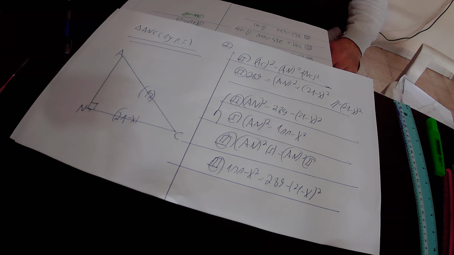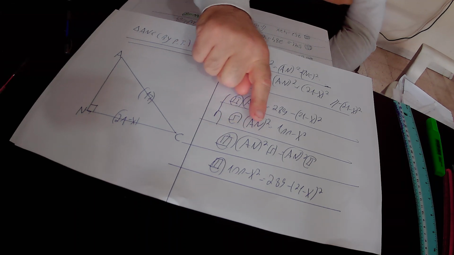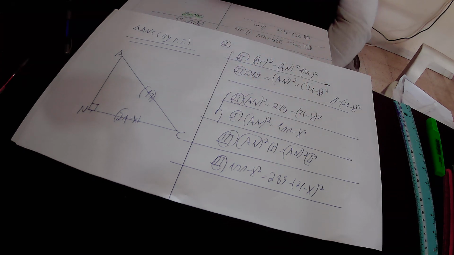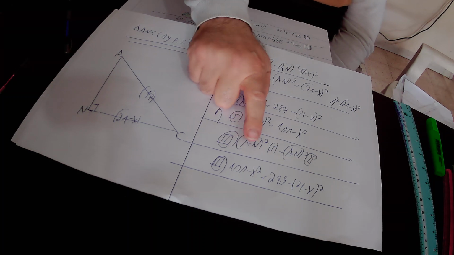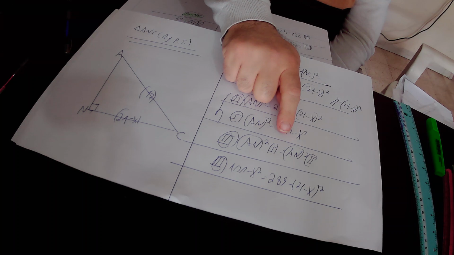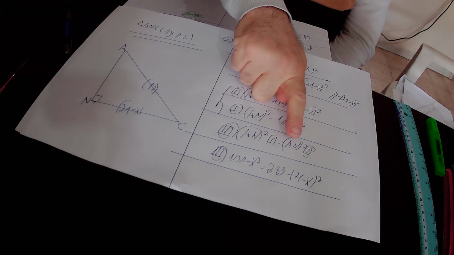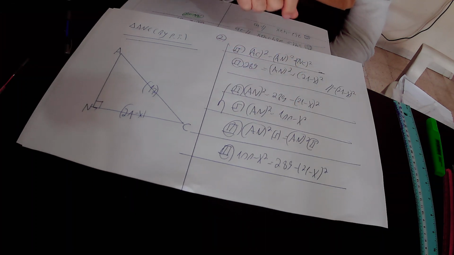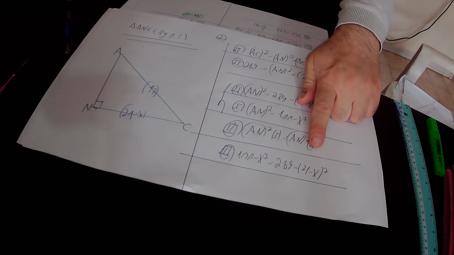Therefore, we created equation 3 that states that AN squared according to equation 1 must be equal to AN squared according to equation 2. That is, 100 minus x squared must equal 289 minus (21 minus x) squared. In the next step, we open the brackets of this expression, (21 minus x) squared.